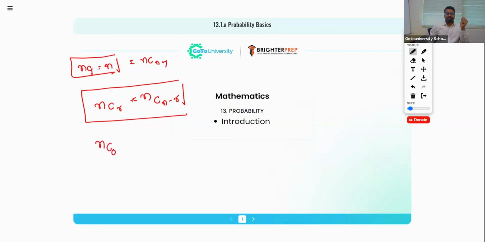And what is nC0? Selecting nobody, doing nothing, and selecting everybody, both are equal to 1. So all this is the formula which we have to remember and recall. We have to use it in the probability class, today's class as well.